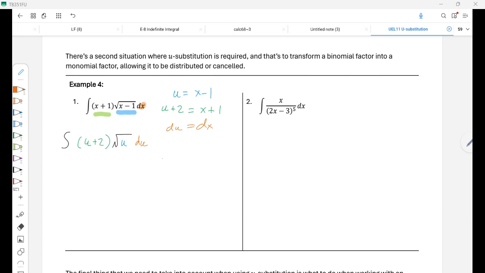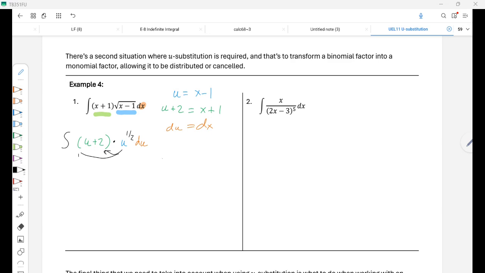Algebraically equivalent, the colors show it. That square root of u is really just u to the half, so let's fix that in line instead of writing a new line. But now I have something that I can distribute.